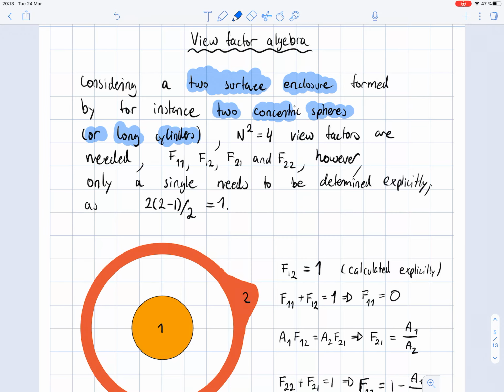So if we have two surfaces, then we have n to the power 2 equals 4 view factors which are needed. And these 4 are F11, and then we have a corresponding F22, so how much of these systems see themselves. And then we have F12 and F21, which are the opposing view factors, so to speak.